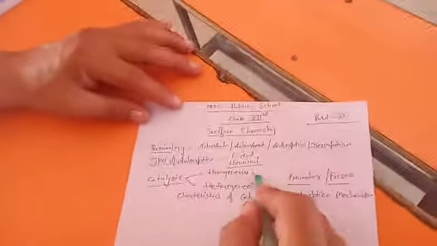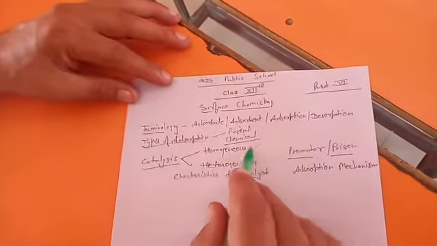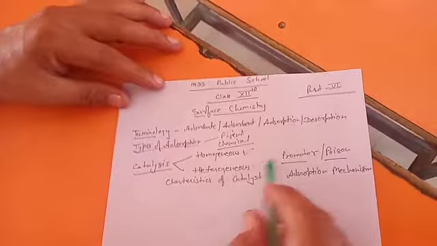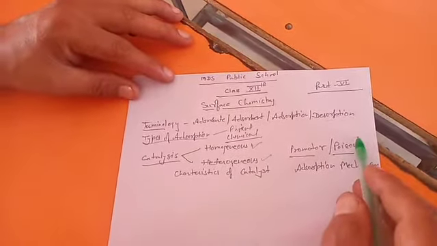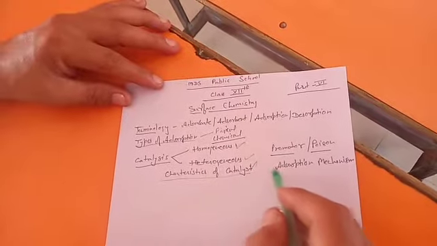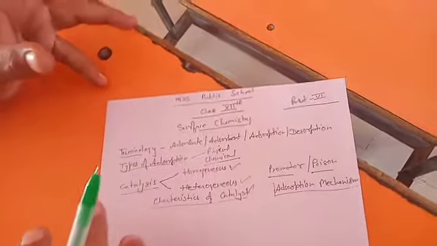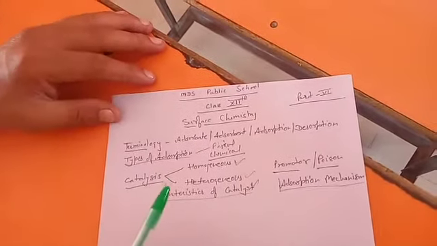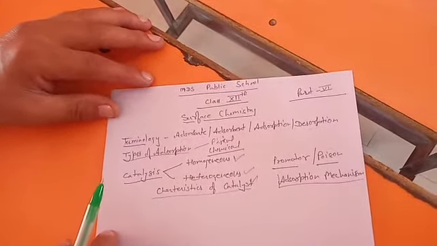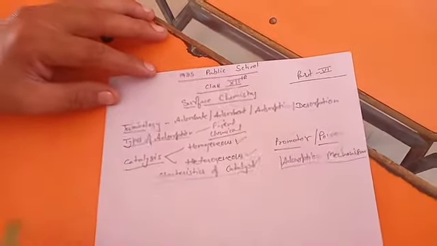Yesterday's lecture we studied catalysis, its types: homogeneous, heterogeneous, promoters, poisons, what are promoters, the characteristics of a catalyst, and the adsorption mechanism, that is, how adsorption explains how a catalyst is actually working.